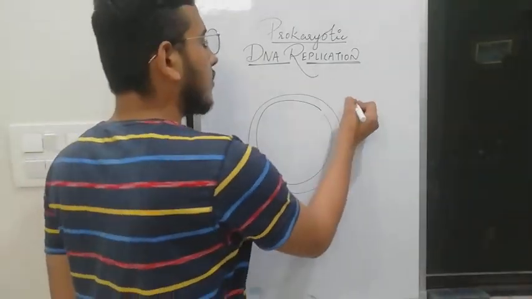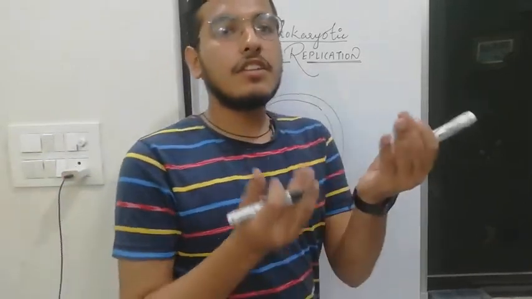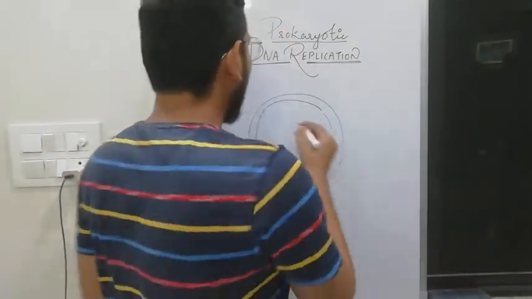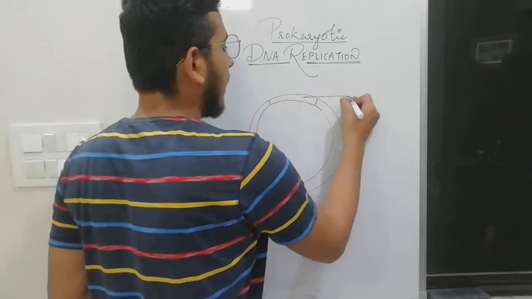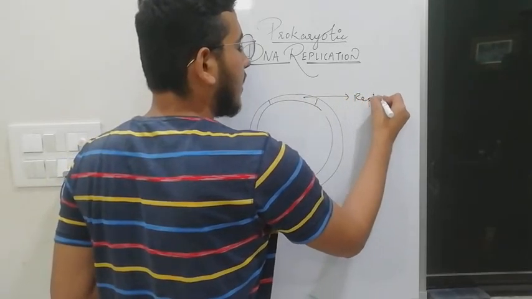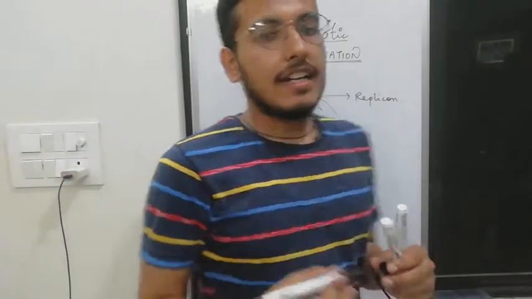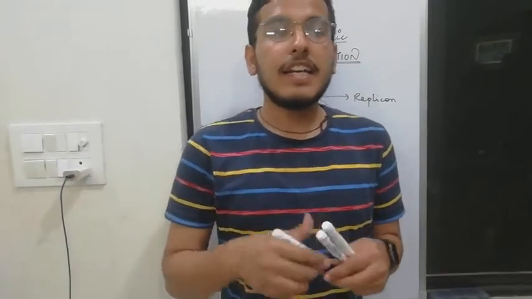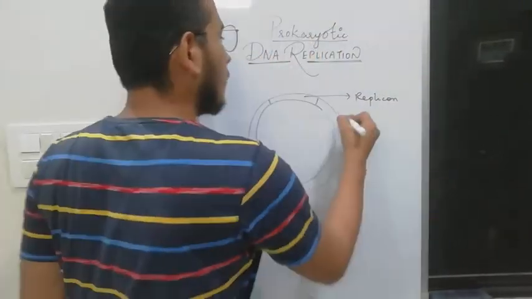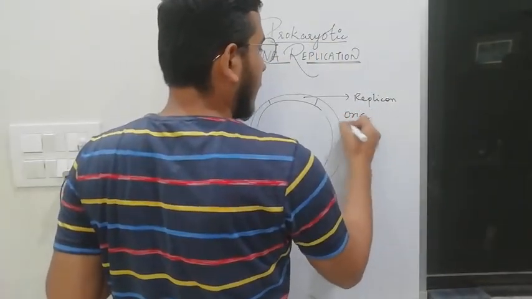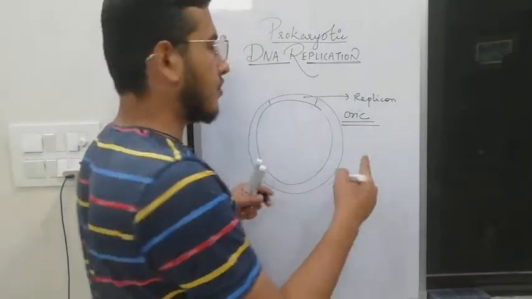There should be a site from where the replication starts. This is known as the replicon, the site where DNA replication starts, also known as OriC, the origin of replication.